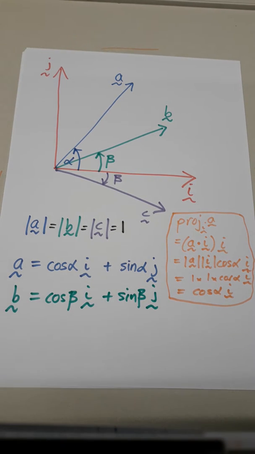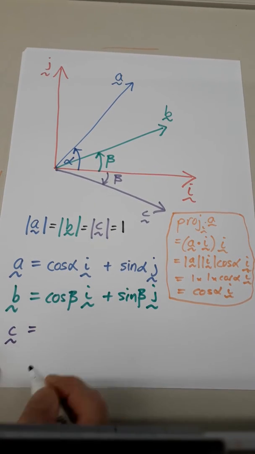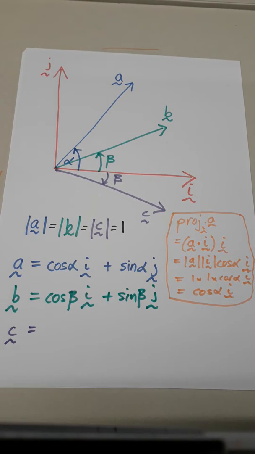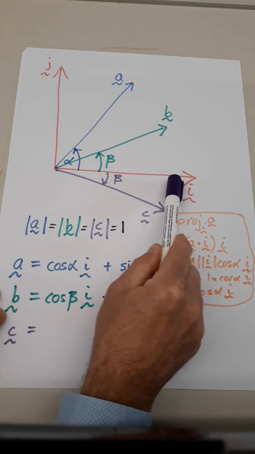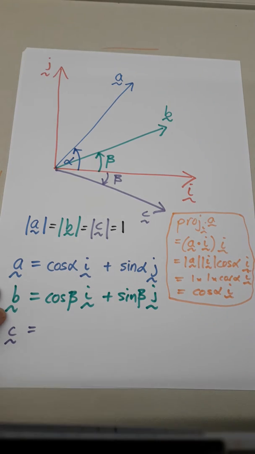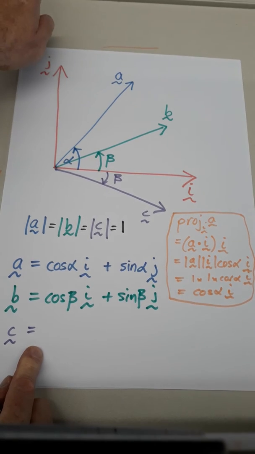Now, what about vector C? Vector C is a little bit more confusing, I guess. The projection of vector C in the I direction, that's no big deal. You can see that vector C is out there in a positive way in that direction. But vector C goes downwards, not upwards.